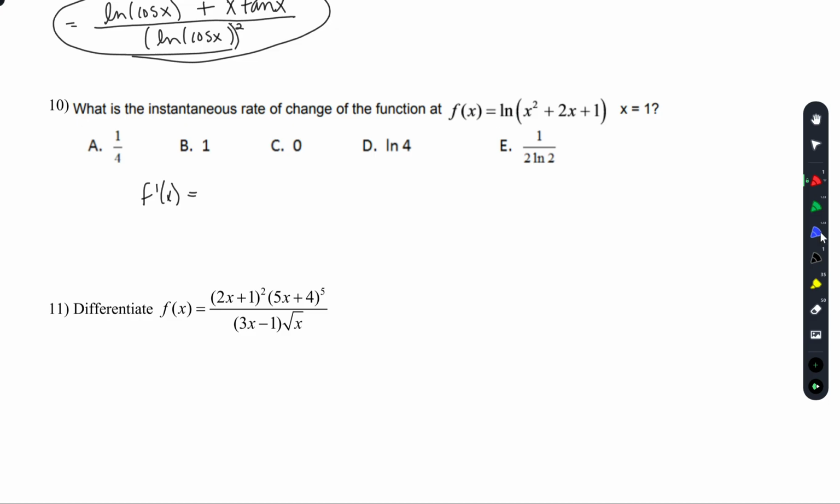Oh, whoops. I did that in blue. Don't spoil the surprise. I didn't get it yet. Oh, so we're just faster than you.